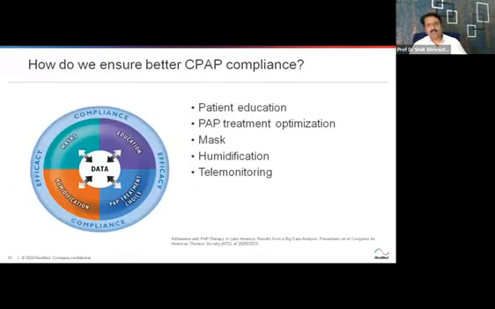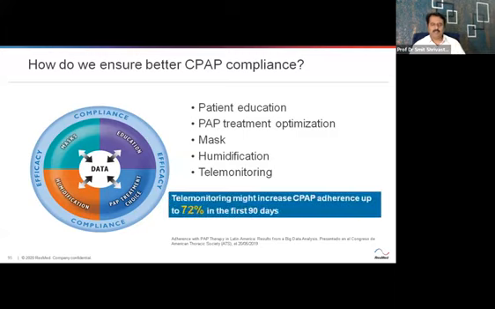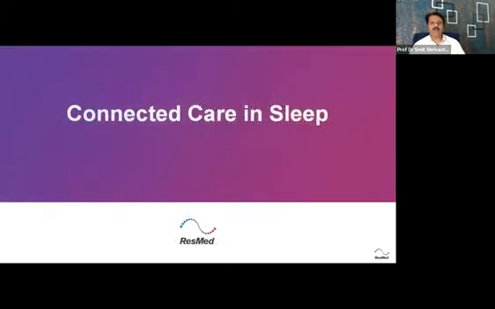So the ways to ensure compliance are patient education, a particular mask, a trial of different masks, humidification, and then again, now these devices are connected to the person's mobile and they can send data to the physician. So you can monitor your patient's data daily with simple software installed on your laptop, desktop, or even your mobile.